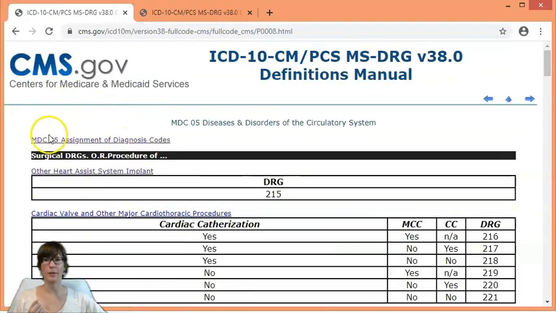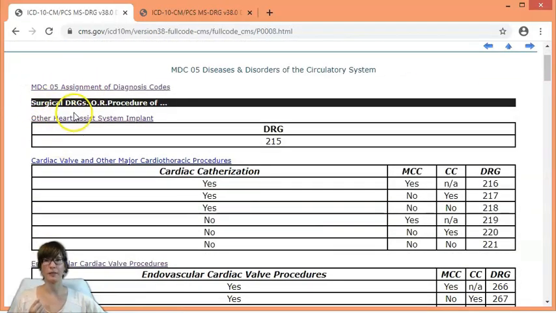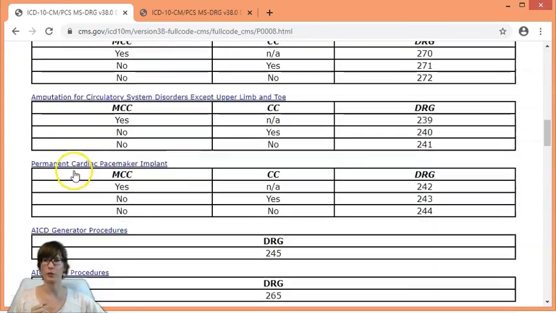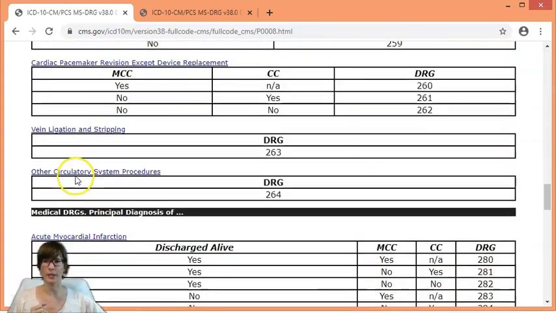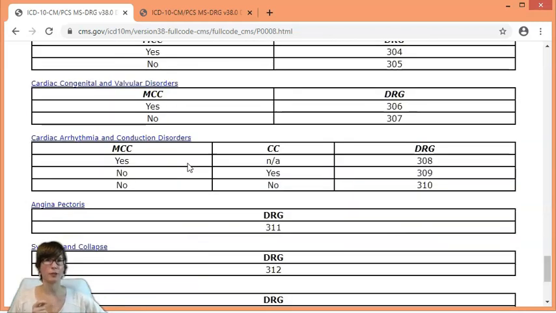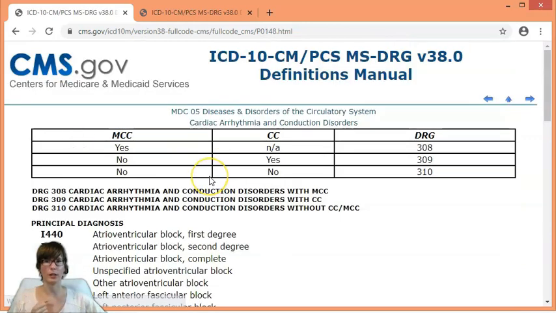We are back to MDC 5. We decided, let's say, that we do not have a surgical case. So we have to scroll down, down, down until we find medical DRGs based on the principal diagnosis of, and now we have to find our code I-440. I-440 was a cardiac arrhythmia.